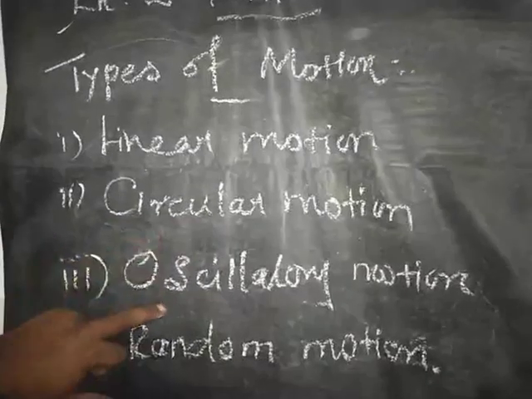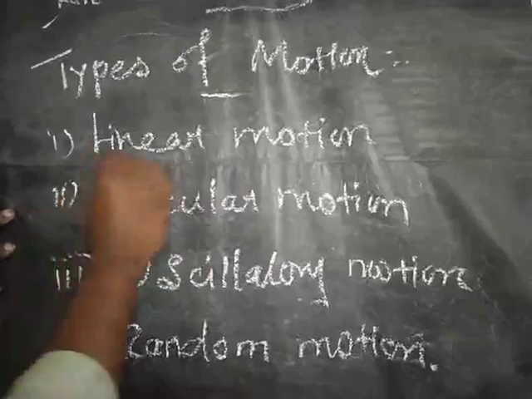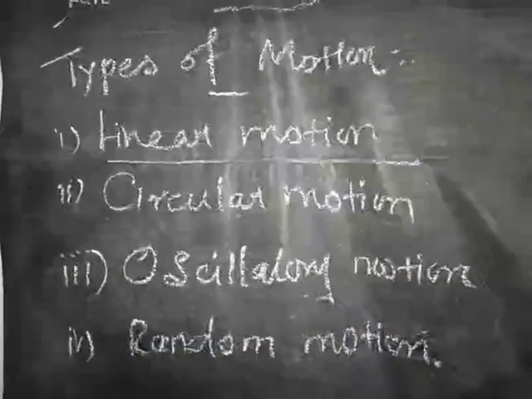Second one, circular motion. Third one, oscillatory motion. Fourth one, random motion. So 4 types of motion are given in our textbook. First, linear motion; second, circular motion; third, oscillatory motion; fourth, random motion. What is meant by linear motion?